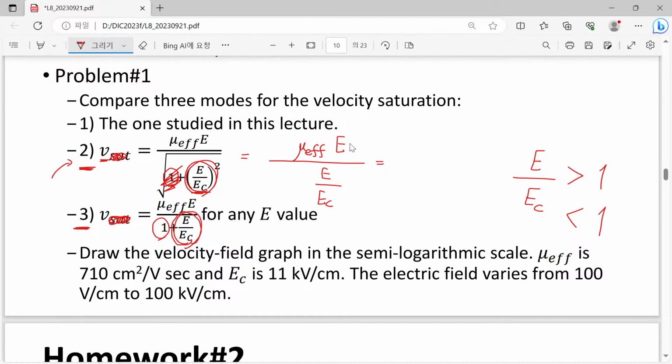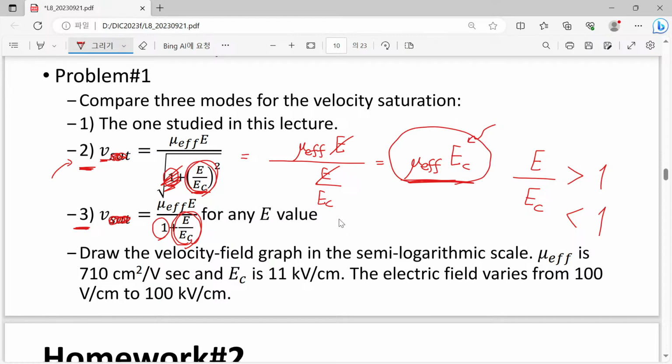In this case, the electric field is just eliminated, and we can say that when we have really high electric field, our velocity will be approaching mu effective times EC. This is a given number, so this is just a constant.